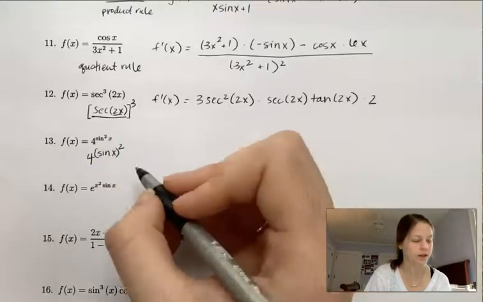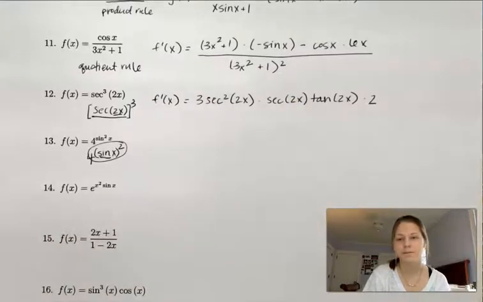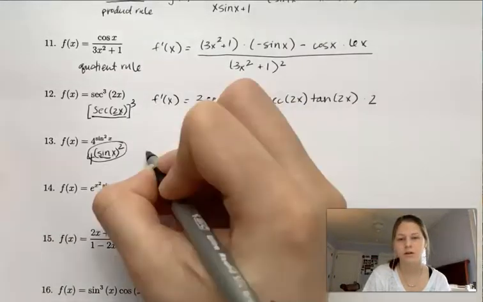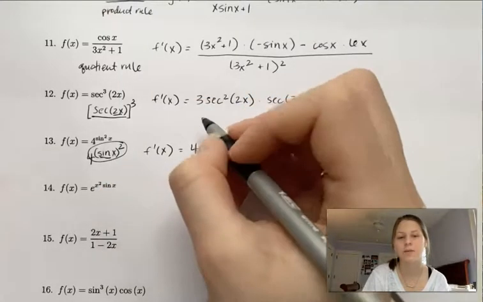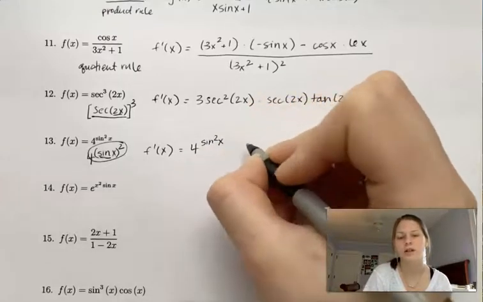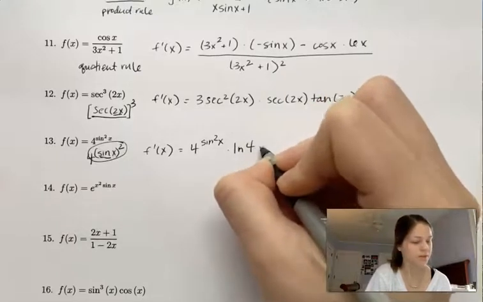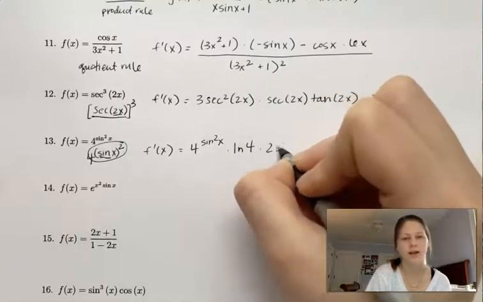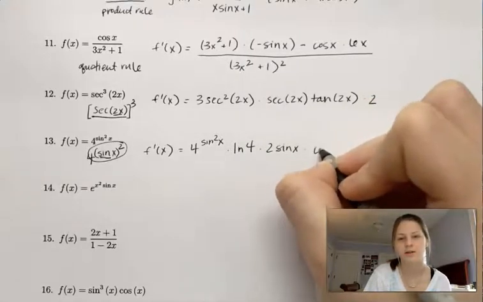And so for our answer, we'll get f prime of x is equal to 4 to the sine squared x times ln of 4 times 2 sine x times cosine x.